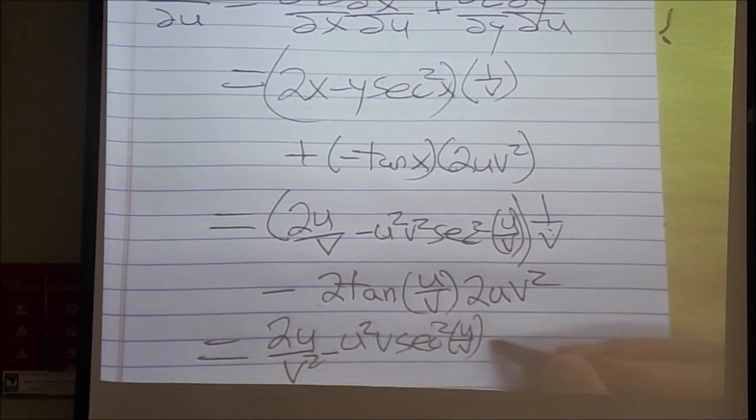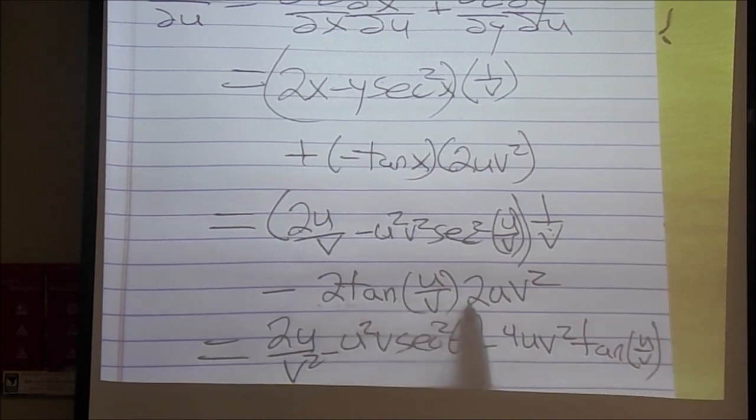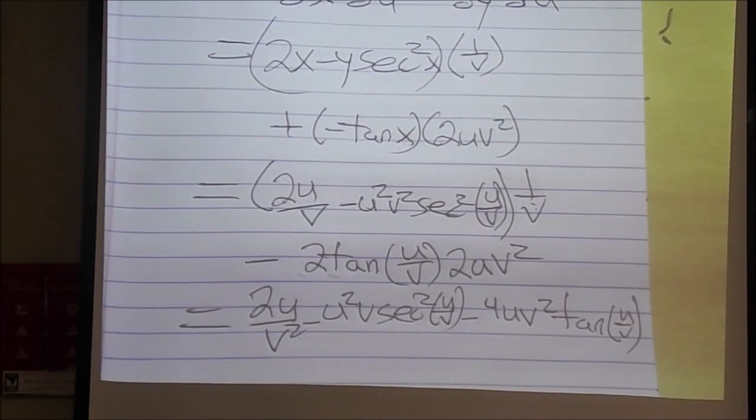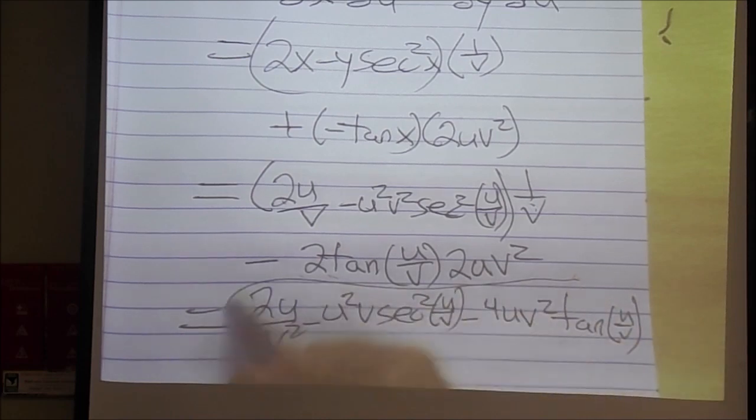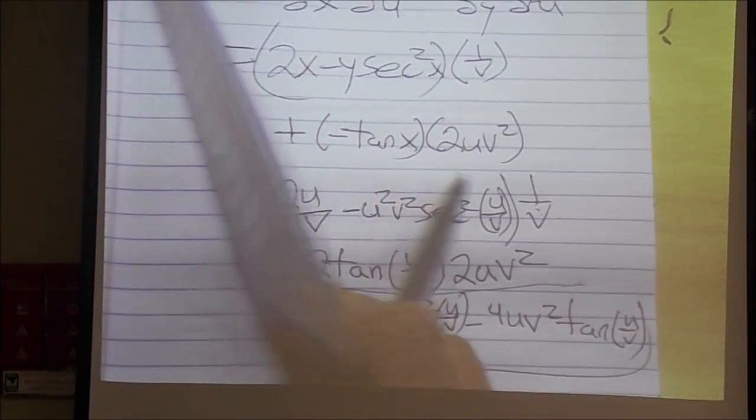And then minus this term is minus 4 u v squared tangent u over v, combining what I can there algebraically. So that's that one. I think I'll leave off the dz dv, it's the same kind of thing.